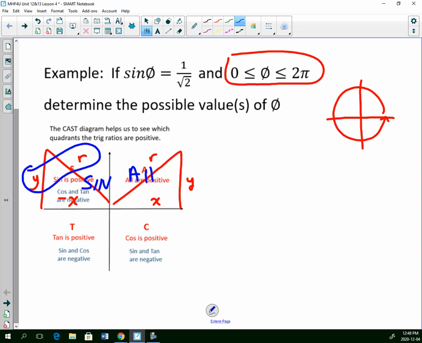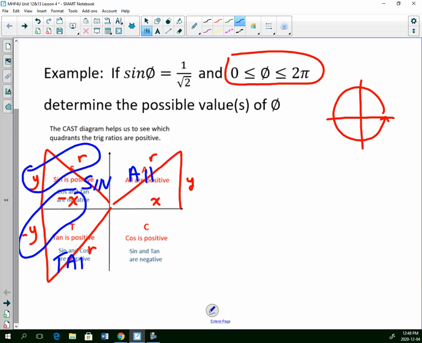And then if we draw a triangle in quadrant 3, both x and y are negative and r is positive. So the only one that stays positive is tan, because cosine is x over r, sine is y over r, but tan is y over x, and they're both negative.